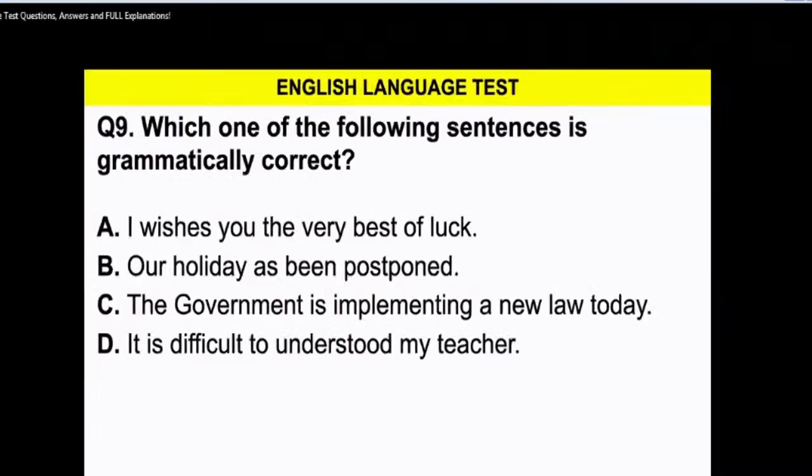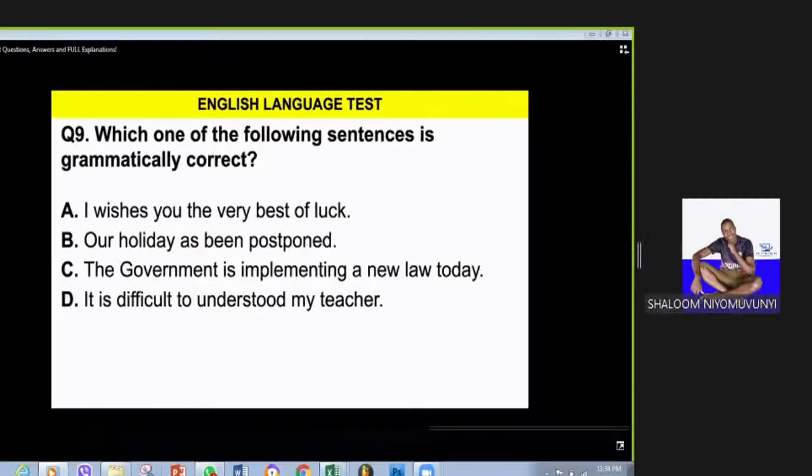Guys, before we continue to this English language test, I have to make something clear. In a Pragati examination, the English language test is known as verbal aptitude, and it is about 40 marks. It means that the English language test is out of 40 and mathematics is out of 20. If you pay attention to this English language test, we'll have more chance to win a scholarship.